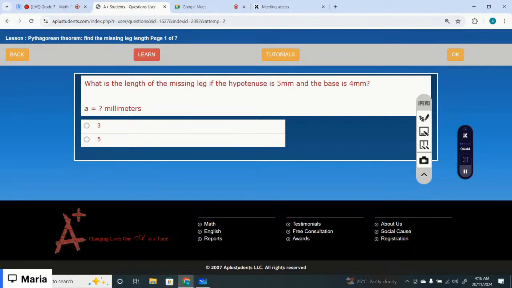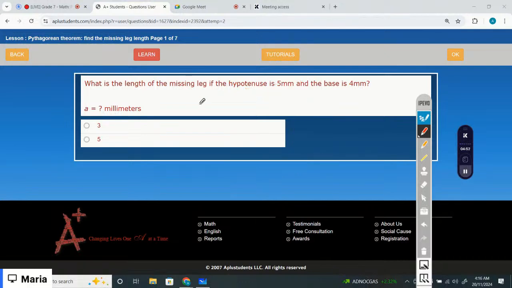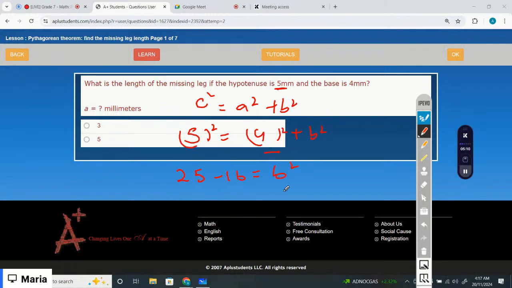What is the length of the missing leg if the hypotenuse is 5 millimeter and the base is 4 millimeter? That is c square equals a square plus b square. The hypotenuse is 5, so that is 5 square, right? And that is 4 square plus b square. You need to calculate the value of b, so move that 4 square other side. So 25 minus 16 equals b square.